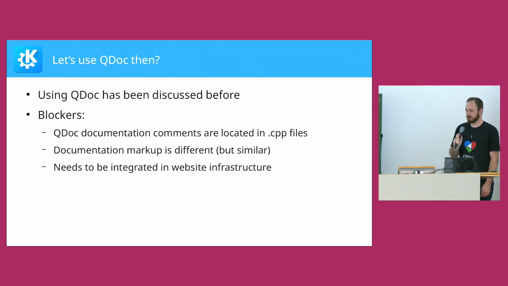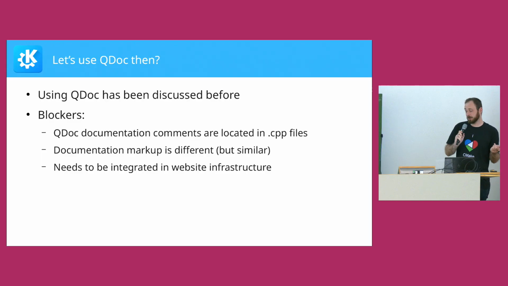Well, not so simple. The idea of using QDoc in KDE has been discussed before. I did not come up with that. But anytime we discussed it in the past, people did find some blockers. The most important one that was constantly raised was, for reasons that I don't know, unlike Doxygen, QDoc expects documentation comments in the C++ implementation files, not in the header where Doxygen looks for them.